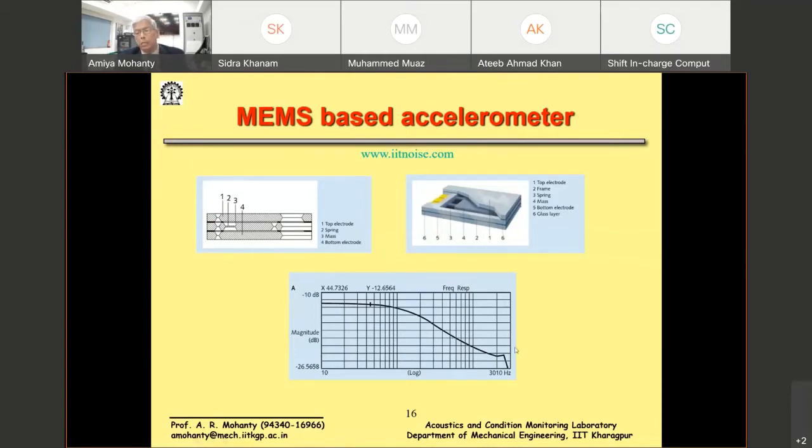We have to keep the temperature and the frequency in mind, and they cannot be subjected to very, very high temperatures, right? That is why these MEMS-based accelerometers you will see in your mobile phones. They are actually MEMS-based accelerometers, okay?